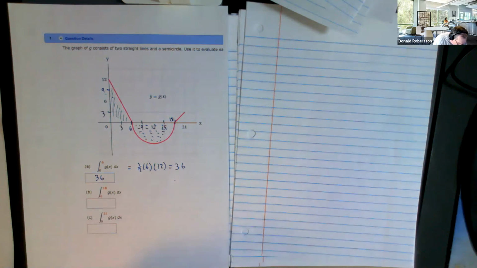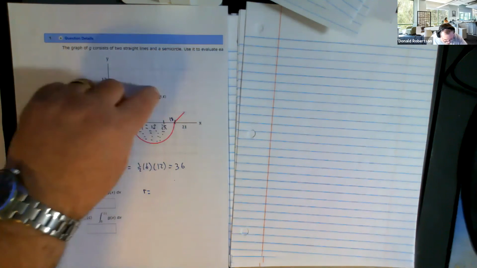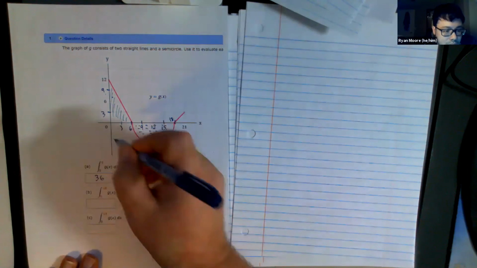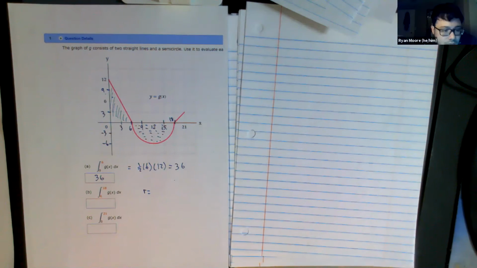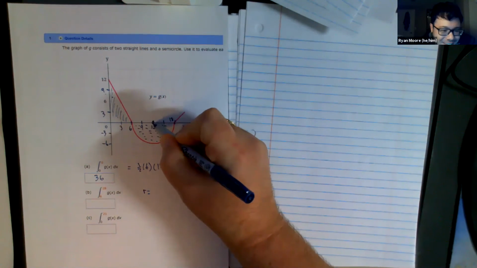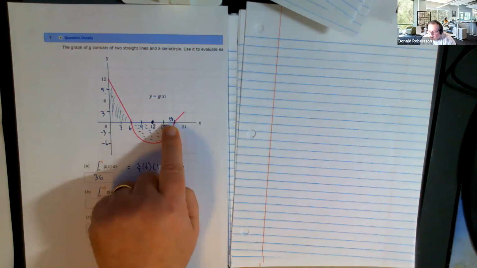Before I continue, what's the radius of this circle if you drew the whole thing? 6. Agreed. How did you find it? You just knew by looking? Yeah, it's just the midpoint to one of the edges. Okay. And from there to there is what, 6 boxes?